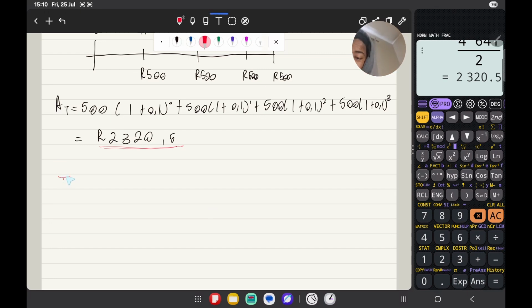So T2 over T1 is just 1.1. And let me also say T3 over T2, or perhaps T4 over T3.